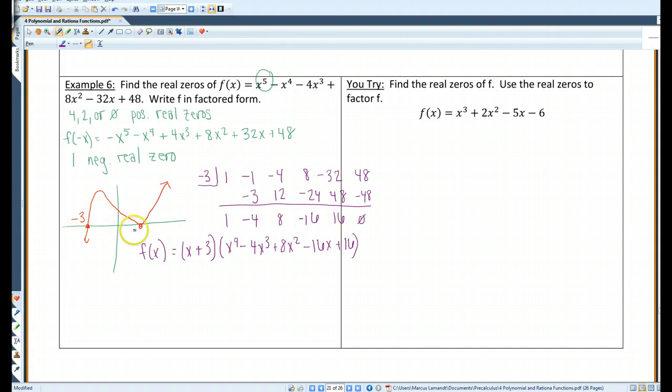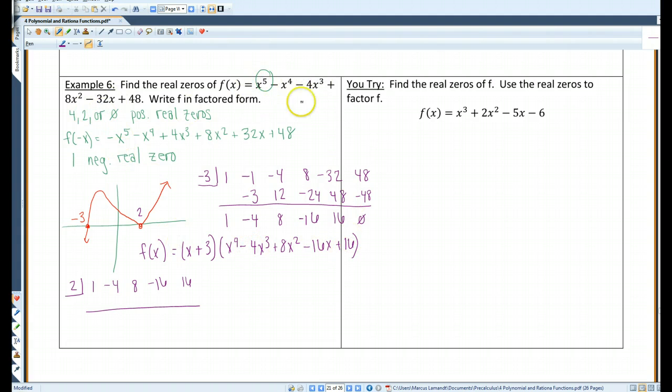Okay, now if you look on your calculator, you can also kind of tell that this one is positive 2. So I'm going to do synthetic division again. I'm going to divide 2 into my depressed equation. 1, negative 4, 8, negative 16, and positive 16. I'm using this equation now, not the original one.